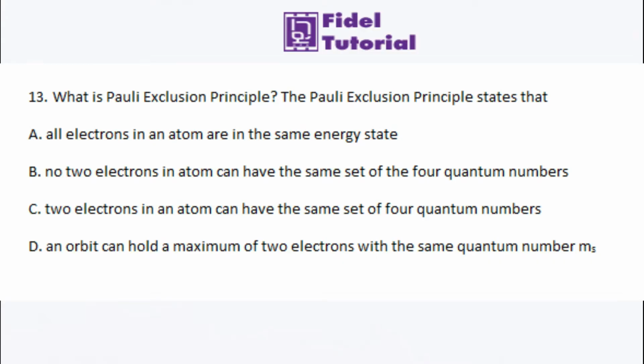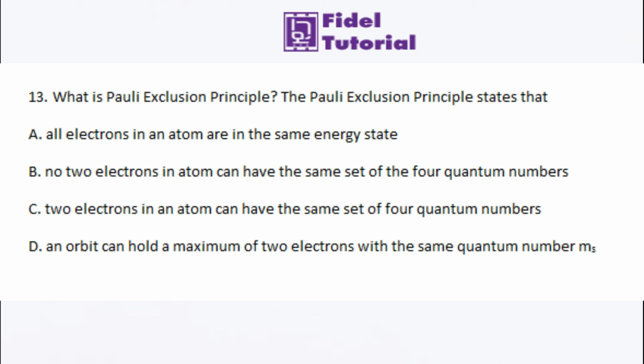Okay, number 13. What is the Pauli exclusion principle? The Pauli exclusion principle states that A, all electrons in an atom are in the same energy state. B, no two electrons in an atom can have the same set of 4 quantum numbers. C, two electrons in an atom can have the same set of 4 quantum numbers.